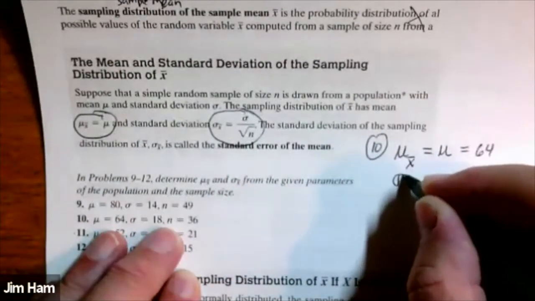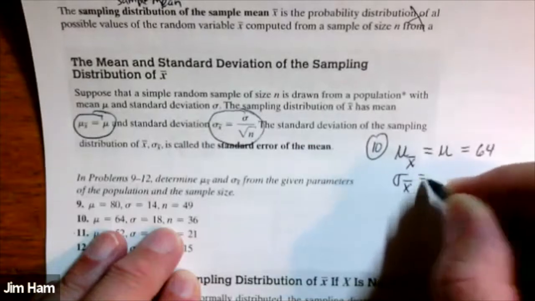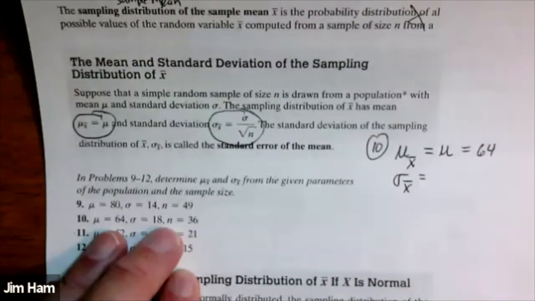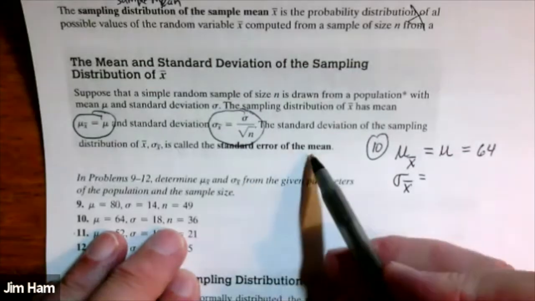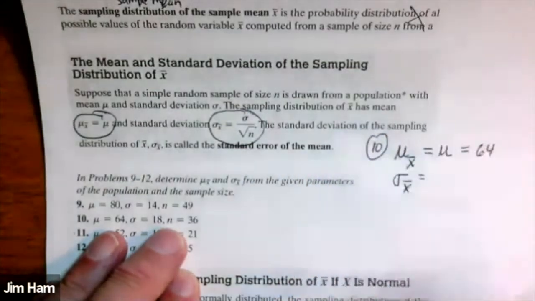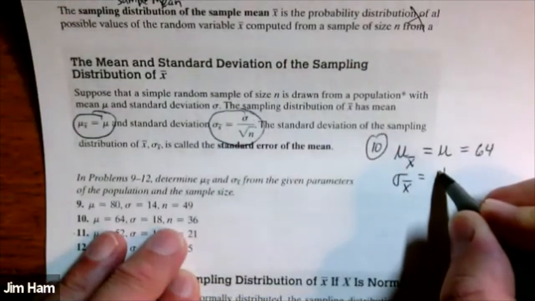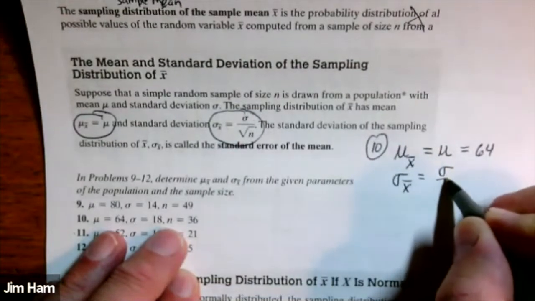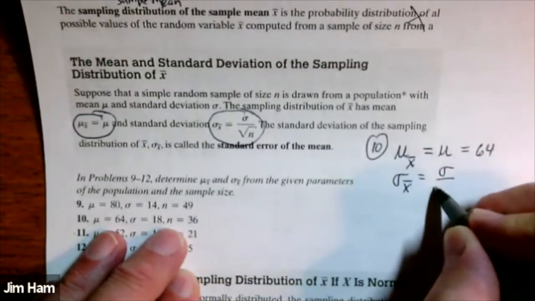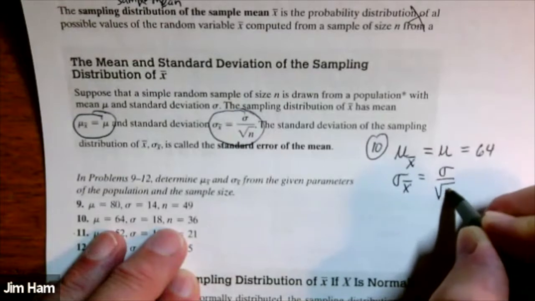And the standard deviation of the sampling distribution that we call the standard error of the mean, there's a formula. And the formula is that we take the population standard deviation and divide by the square root of the sample size.